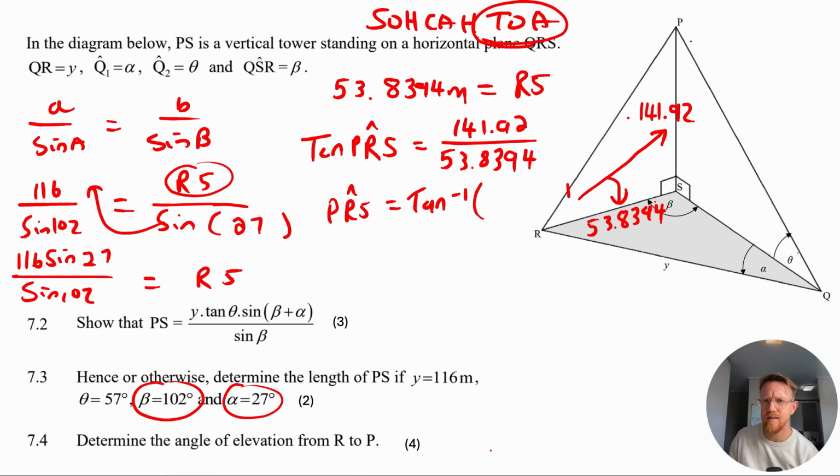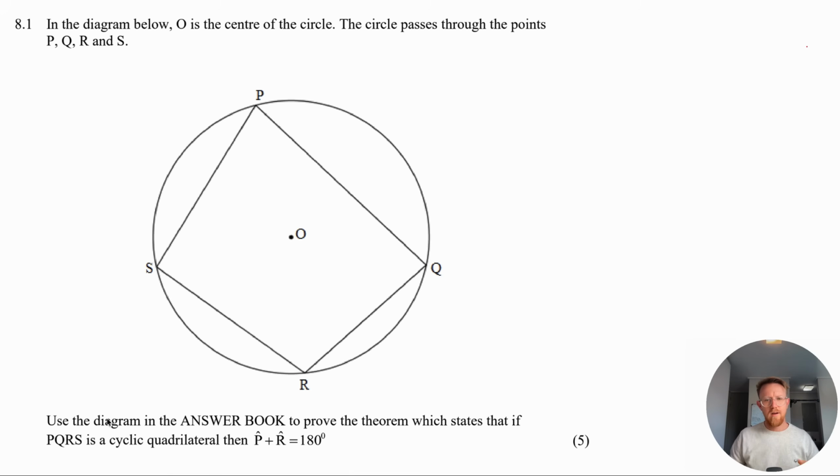So shift tan of whatever we've got there over 53.8394. And if we do that, we get 69.23 degrees.